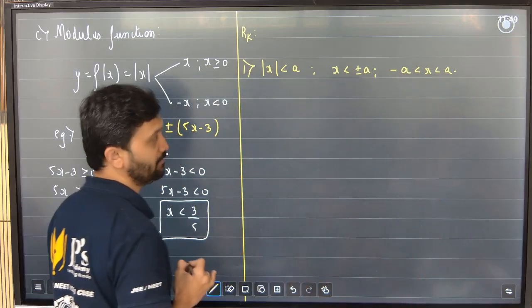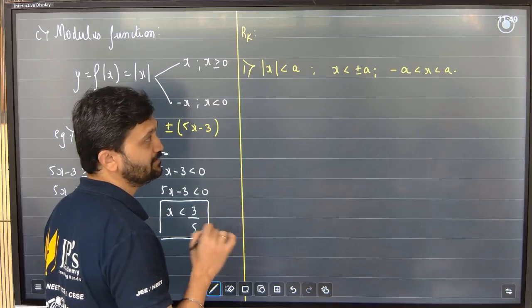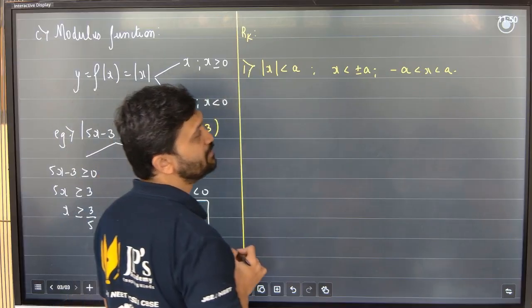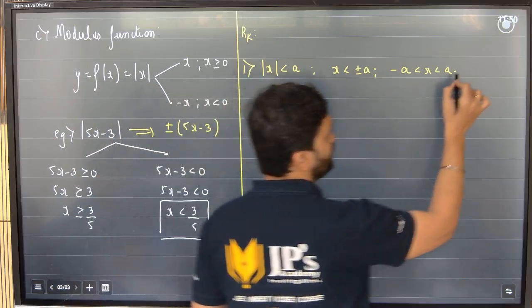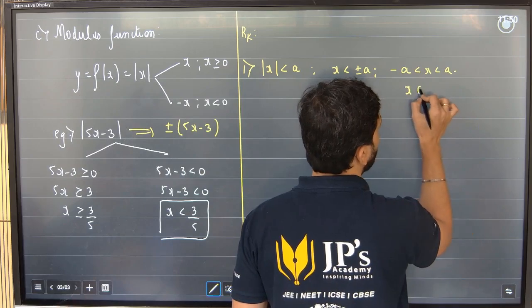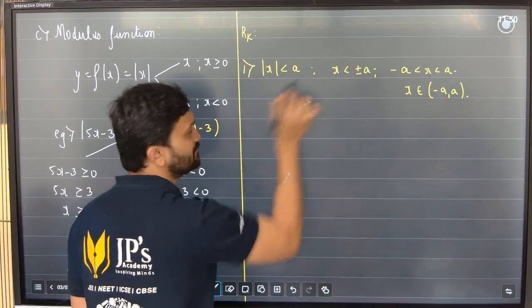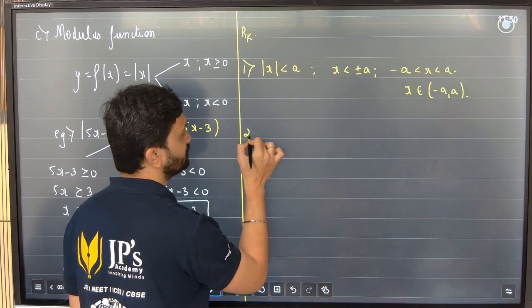This is how we write it. If (x plus a)(x minus a) is less than 0, obviously it will lie between those values, and we write that x belongs to (minus a, a). Remember this: if mod of x is less than a, this is the answer we get.